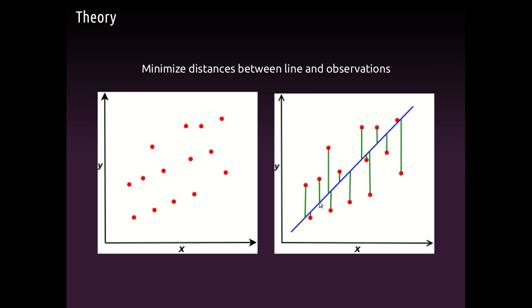So we need to select a line such that when we sum up all of the distances between this line and all of the true observations, the summation is as minimal as possible.